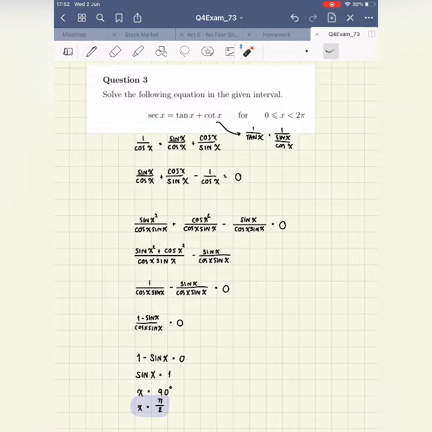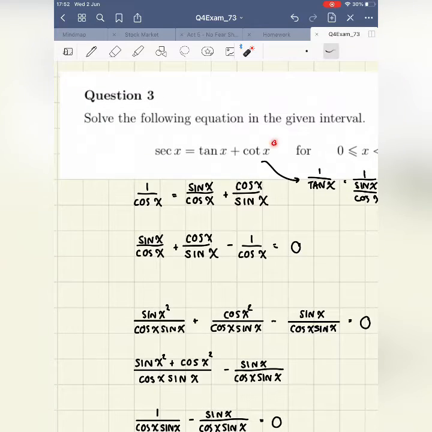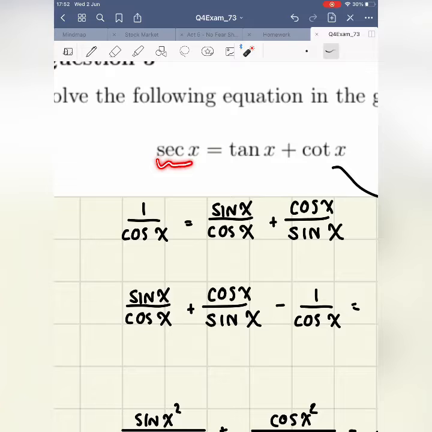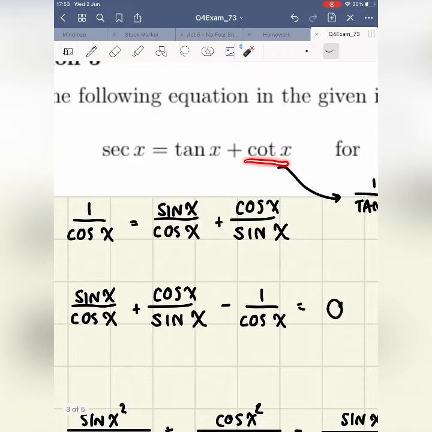The third question asks us to solve this equation. The first step that I would do is to change secant x into 1 over cosine x, tangent x into sin x over cosine x, and cotangent x into cosine x over sin x.